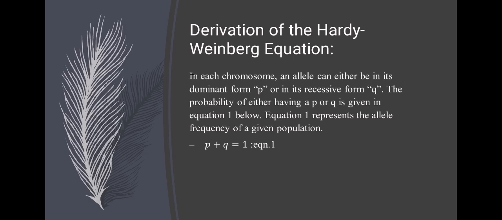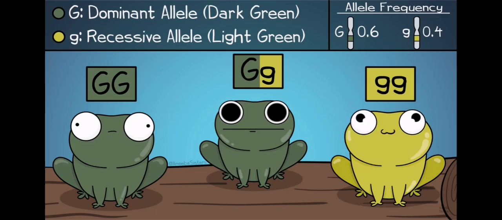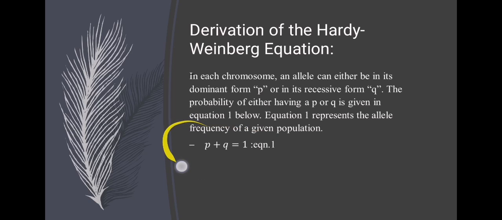So why is this? Like what I said earlier, with the big letter G and the small letter g here, they add up to 100% because they're the only alleles that we are going to consider. So even though the frequency of P and the frequency of Q may be whatever, they would always add up to 100%.